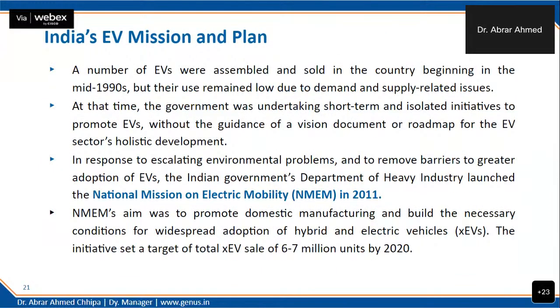Now let's see India's EV mission and plan. If you look at EV history in India, EVs were basically assembled and sold in the country beginning in the mid-1990s, and the demand at that time was very low. Because the technology was not that mature, not everybody had the faith to adopt the system.